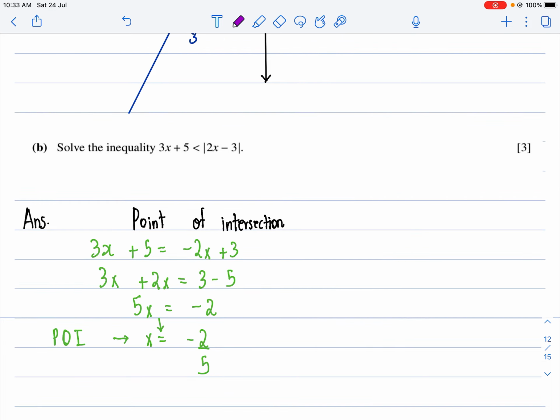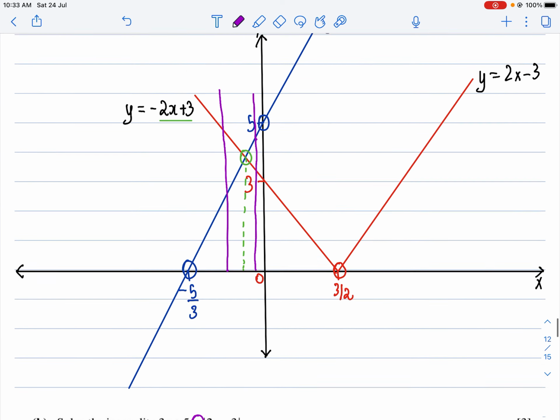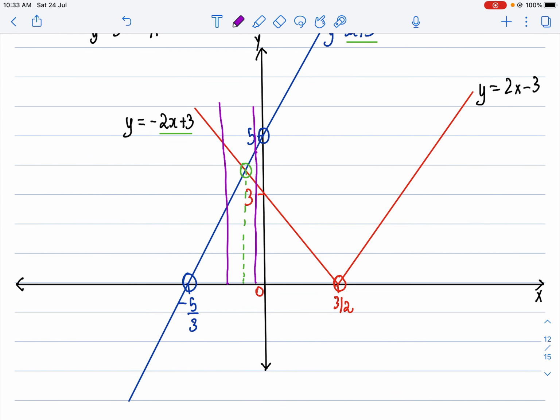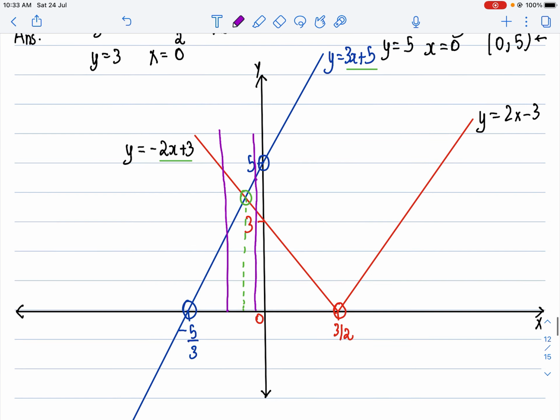You need the linear curve or the linear equation to be less than the modulus in the modulus equation. Correct? So if you see here, where is the modulus equation, which in this case is minus 2x plus 3?